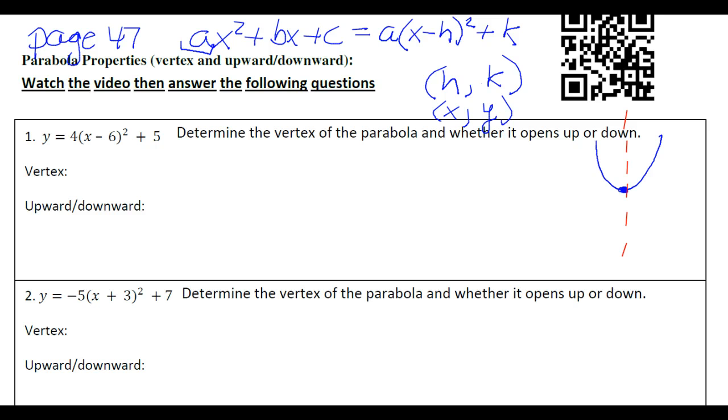And I just want to do one other thing too, as we find that our a value here or here, if that a value is negative something, then our parabola is going to open up downwards, and our vertex would be on top, and that would be considered the maximum. And x is still our axis of symmetry. It would be our y value, is how high up it's going to go, if it's the maximum. If it's the minimum, it's how low will it go. That would be your y value.